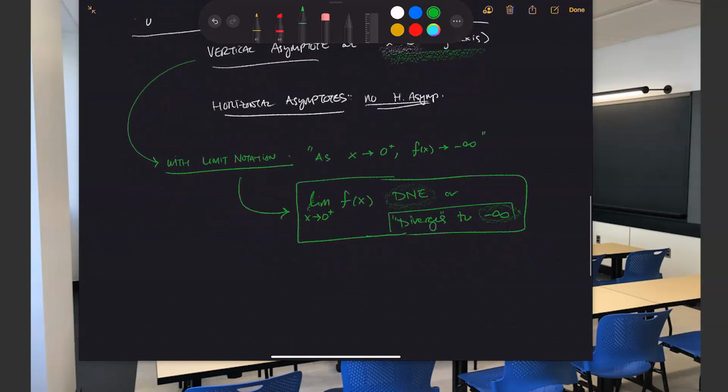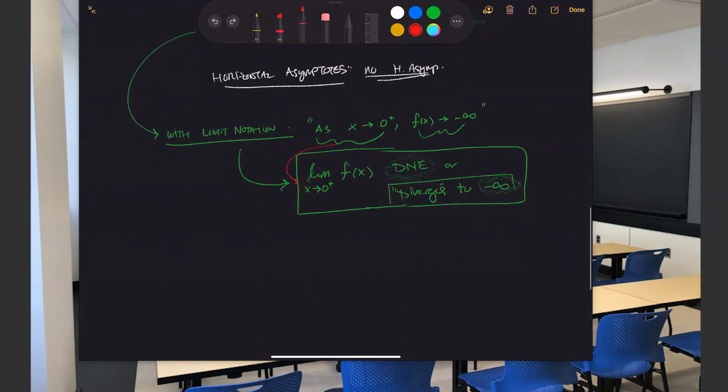But again, this is how we translate from these talks about long run and short run behavior. As x approaches 0 from the right, comes down here, and then this part talks about the output, so that's over here. You may not have seen this one-sided limit notation before.